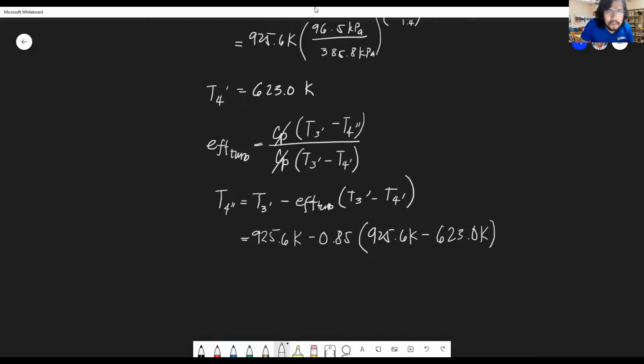Now what do we get here? Okay, T4 double prime is equal to, it's lower, right? It's lower. So 925.6 minus 623, okay, times that with 0.85. Okay, and we subtract this from the 925.6 we computed a while ago.